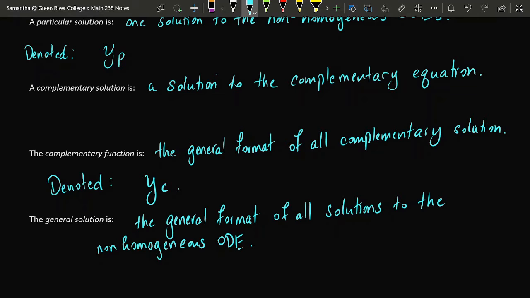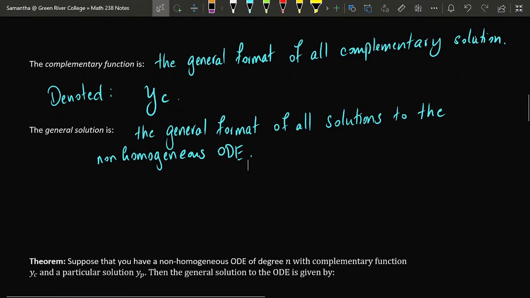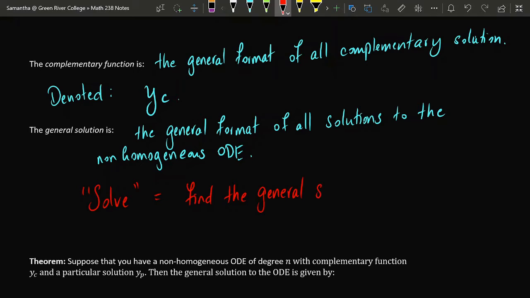So when you are solving a non-homogeneous ODE, you're trying to describe all solutions, so you're trying to find the general solution in this language. The general solution is your goal.